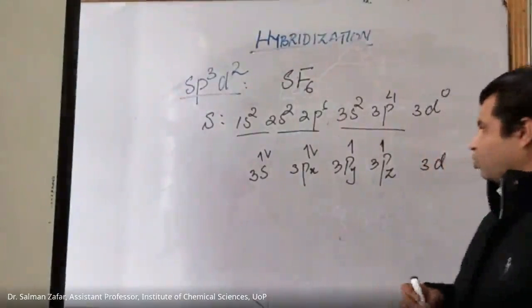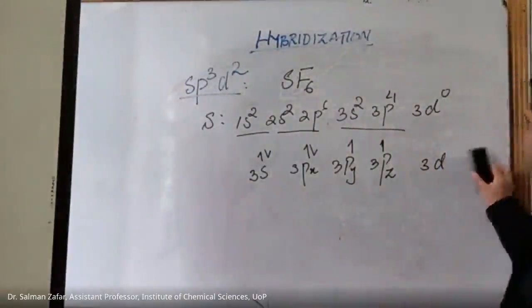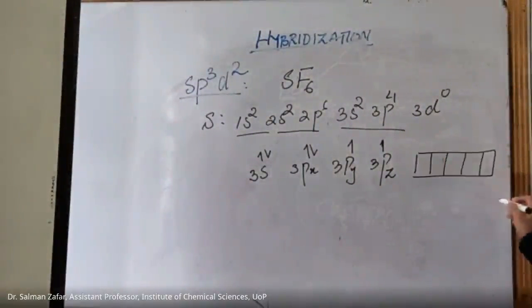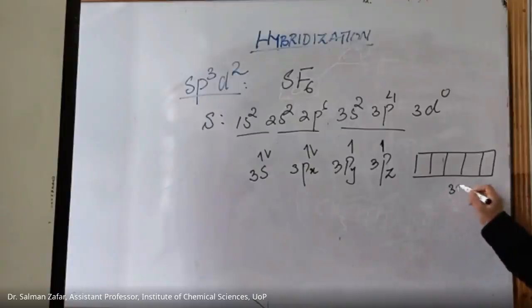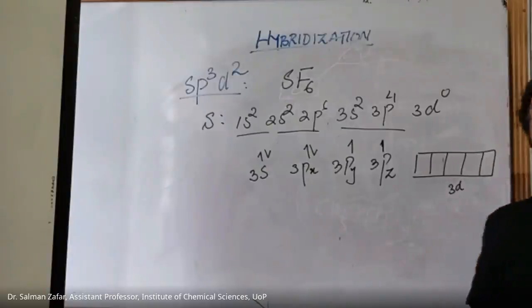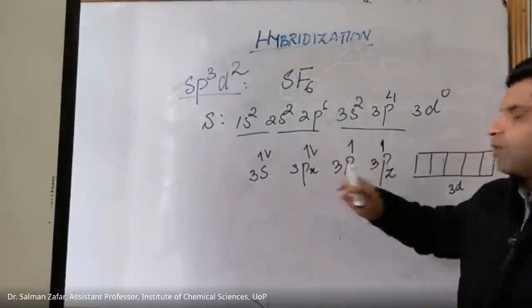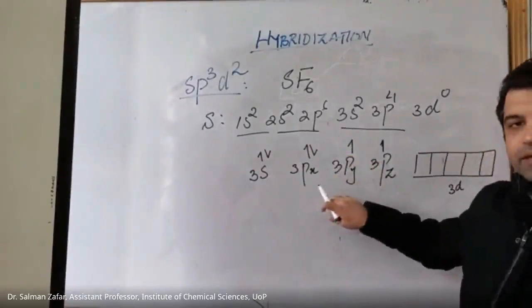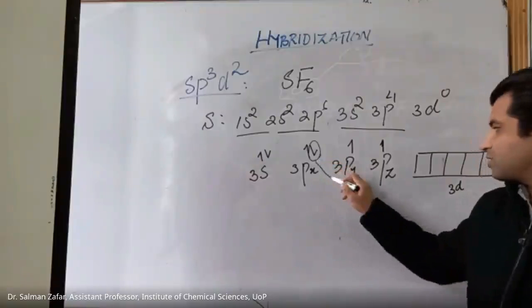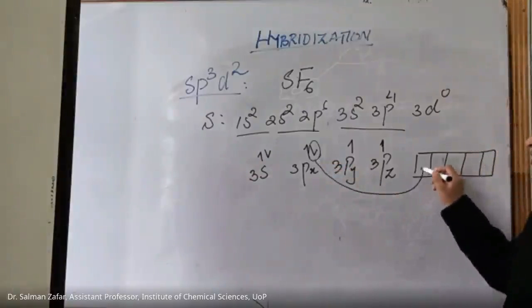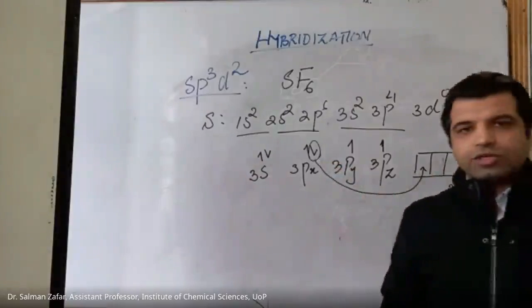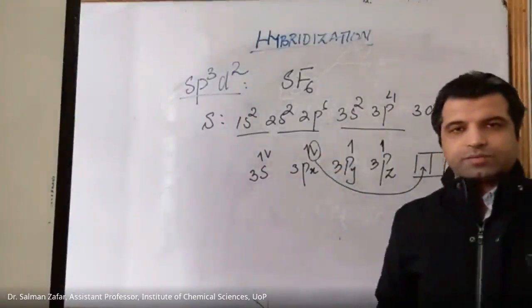So let's see what happens. If we have these 5 3d orbitals, one of the electrons from the 3px here is excited into the higher energy 3d orbital.